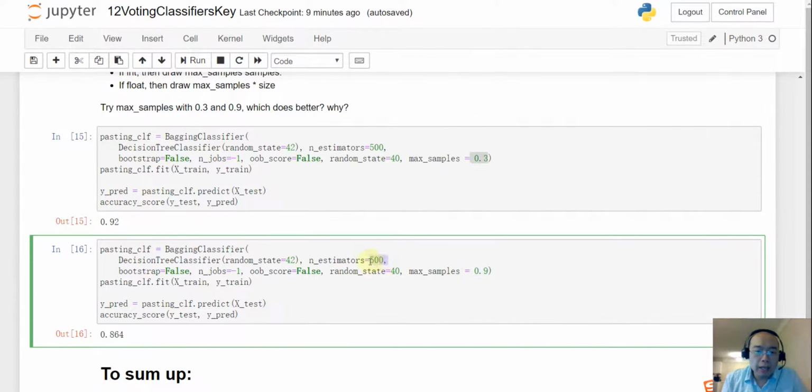When we have 500 estimators and they are using almost the same training set, they are not independent anymore. That is the reason that even though we are using a higher percentage of the training set, we did even worse. This is the part we want to pay attention to.